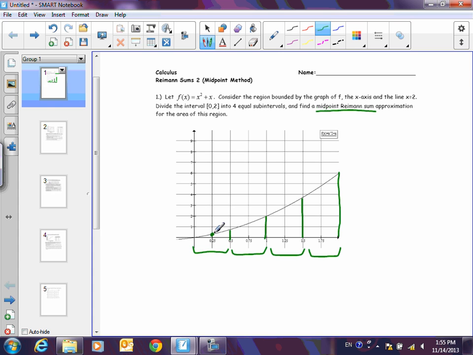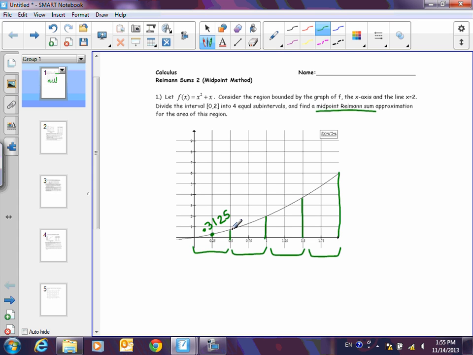Take your calculator and plug 0.25 into this function. In other words, what is 0.25 squared plus 0.25? Yeah, 0.3125, right? That is not the average of my left and right endpoints. In other words, that's not the average of 0 and 0.75.